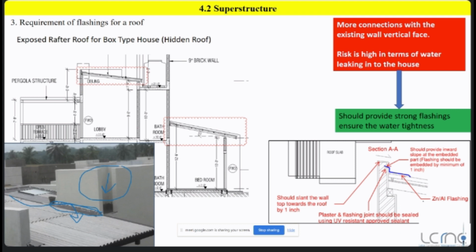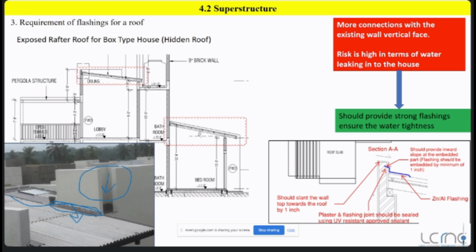In order to avoid that, definitely in the right side corner, see the image, you need to provide the flashing. This blue color thing is the flashing. Your flashing should be embedded into the wall in this manner. Then in this joint you definitely need a UV resistant sealant. On top of the sealant you need an application of zinc proof, which is a waterproofing agent.